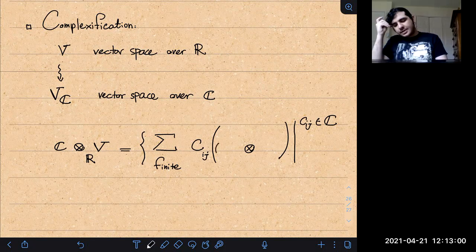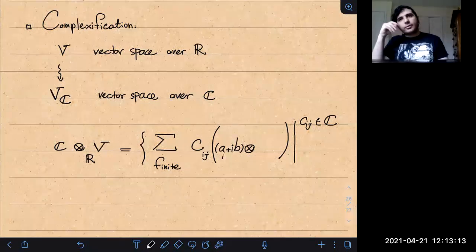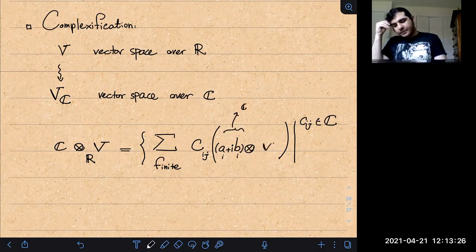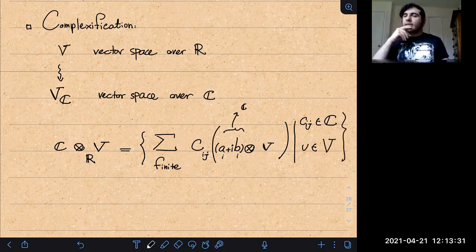So the first space is C. Elements in C can be written as A plus iB. And I would use the index with i too; I hope you wouldn't confuse that. So A plus iB is an element in C. And then we would have a vector V, where V is also a vector in our vector space. Okay.